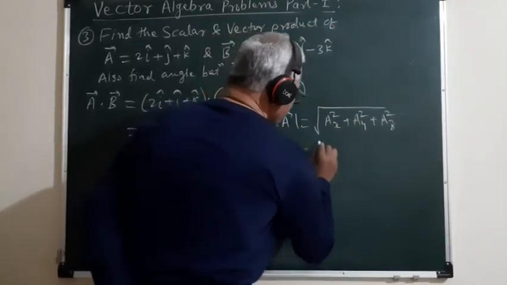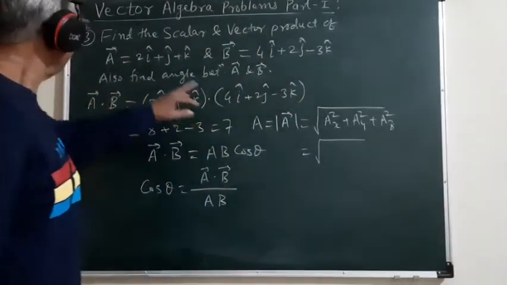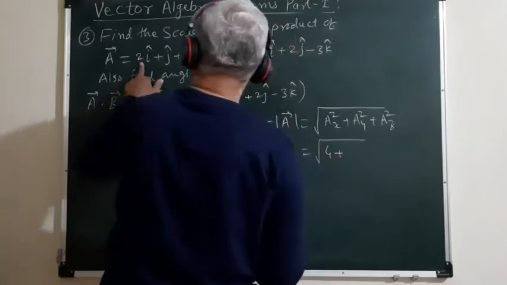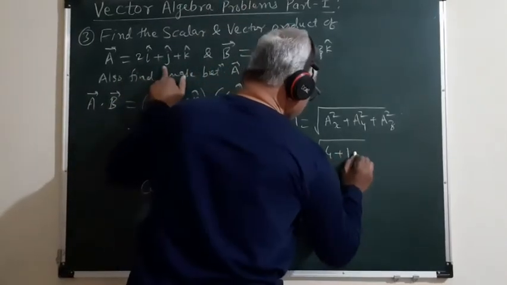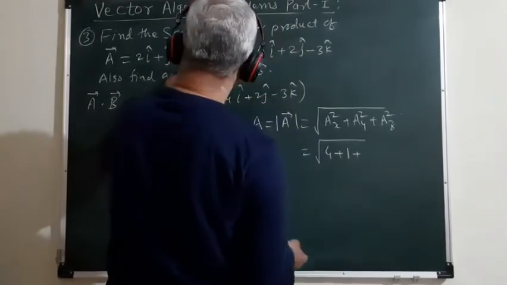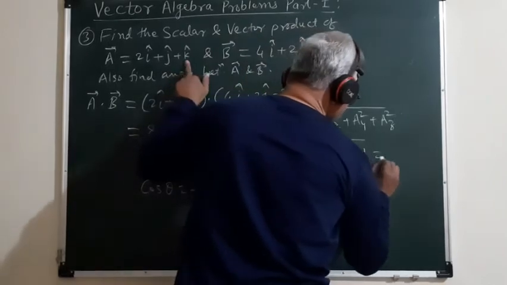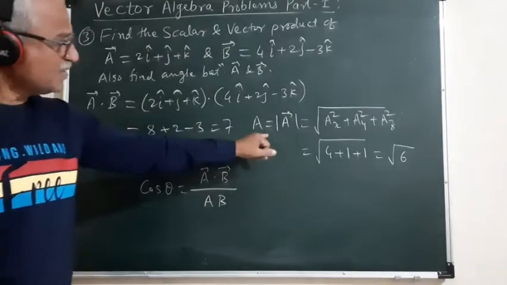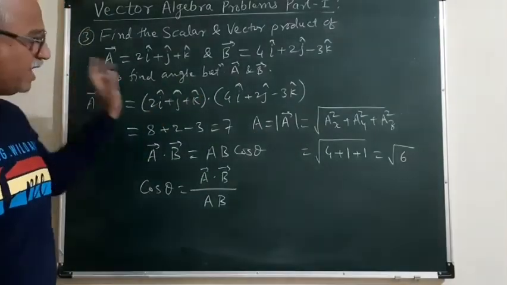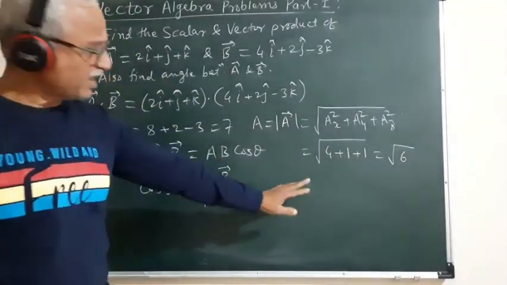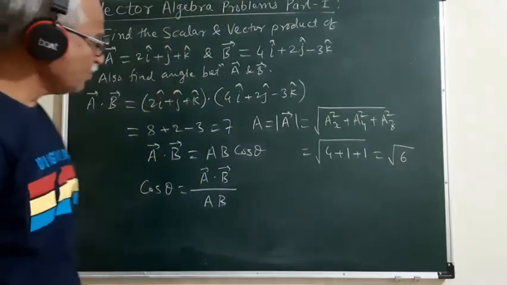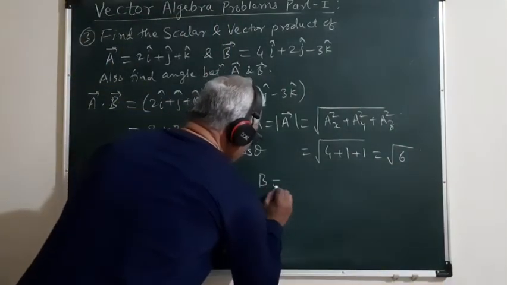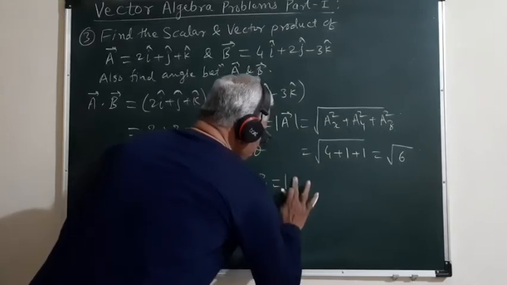So this is equal to under root, ax is 2, its square is 4, ay is 1, its square is 1, and az is again 1, so its square is 1. So this is equal to root 6. The modulus of the vector a bar, or the magnitude of the vector a bar, works out to be equal to root 6. Similarly, we can find out the magnitude of the vector b bar.